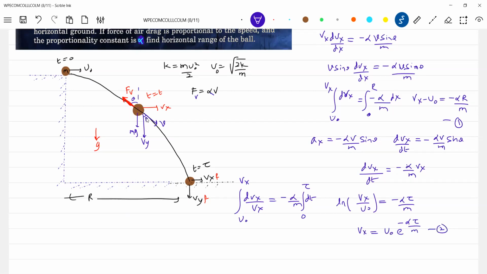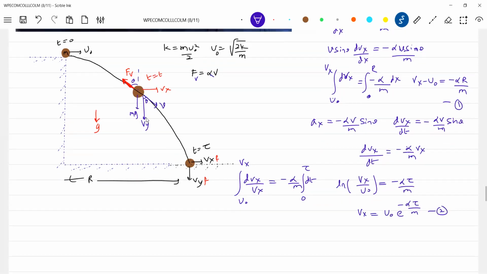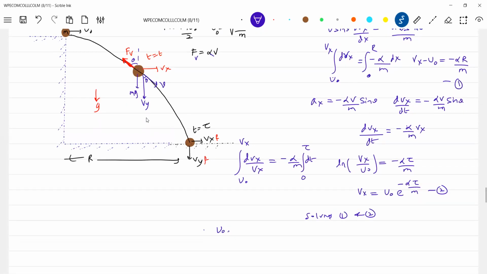So that vx we don't know, so I'm going to substitute there. From solving equations 1 and 2, the vx value will be u naught e to the power of minus alpha tau by m, minus u naught, equals minus alpha R by m. So for the expression for R, one more step and we'll get it.